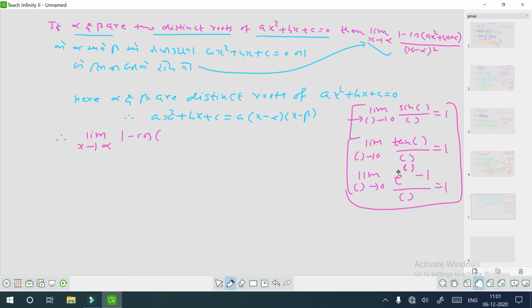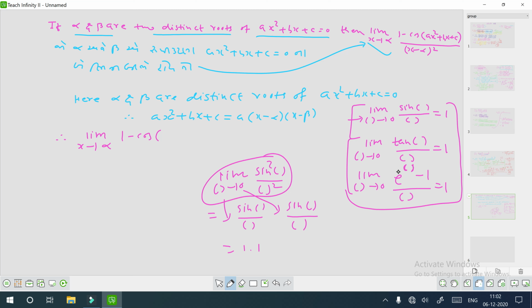Now one more thing. Suppose we wish to find limit as some angle tends to 0, sine square of some angle over some angle square. So can I write that is equal to sine of some angle over some angle, sine of some angle over some angle, and give limit here also and here also. That is 1 into 1. So this one comes out 1. Of course, with any power, that comes out to 1.